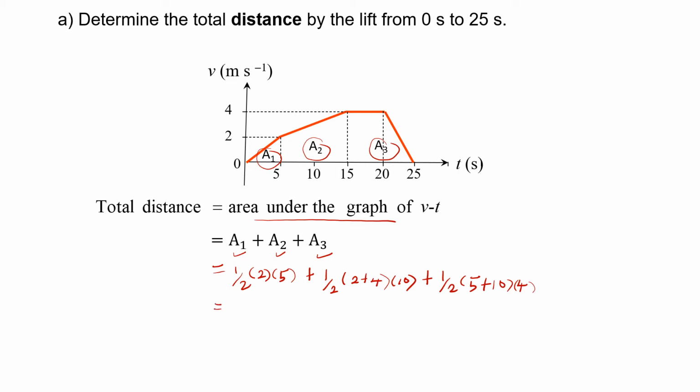And then we calculate, we get total distance 65 meters.